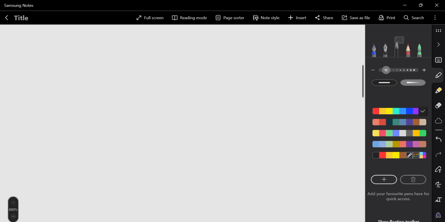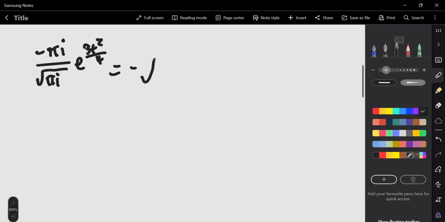So it's gonna be minus pi i over square root of pi i e to the 3t squared over 4, minus square root of pi i e to the i 3 pi over 4.